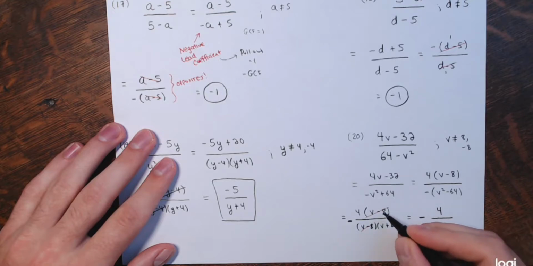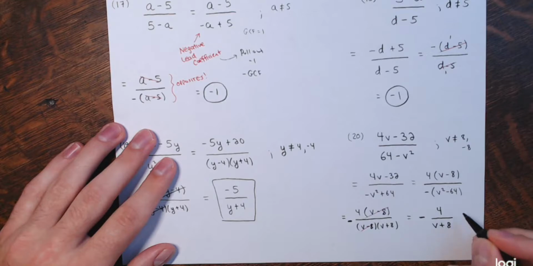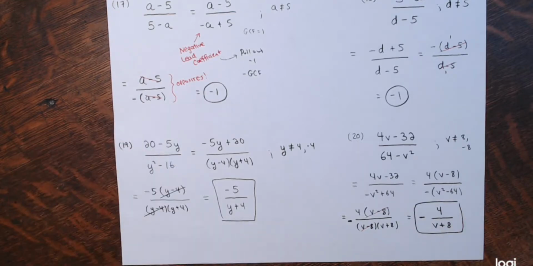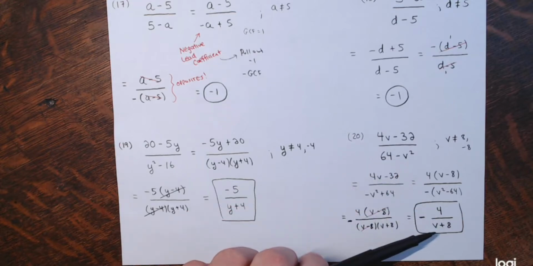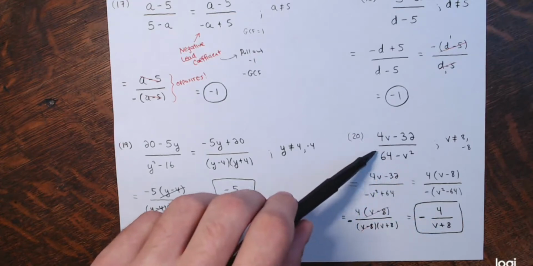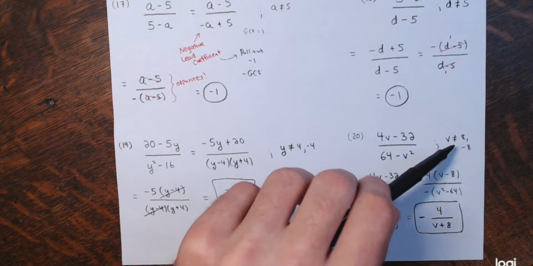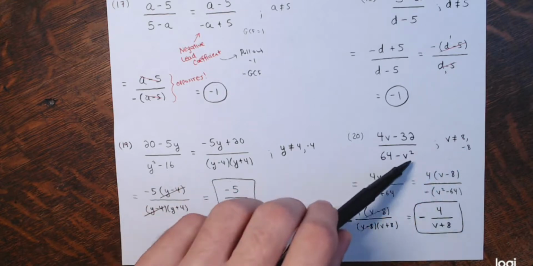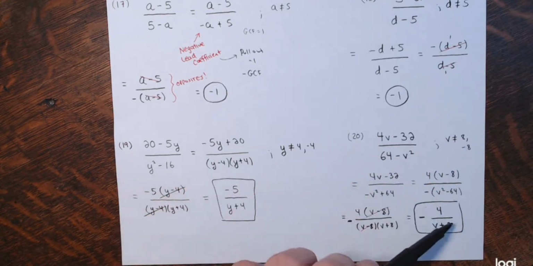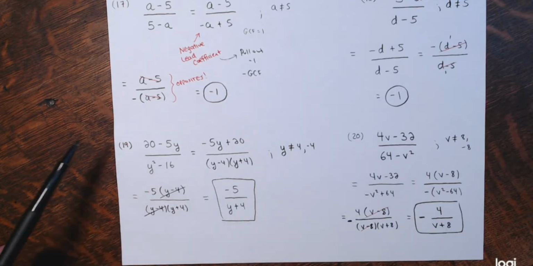That's all that's left, divided by v plus 8 in the denominator, and there we go. And once again, if you want to test this out, replace v with any number except 8 or -8. And the value of the original fraction should be exactly the same as the value of this final expression if you did everything correctly.